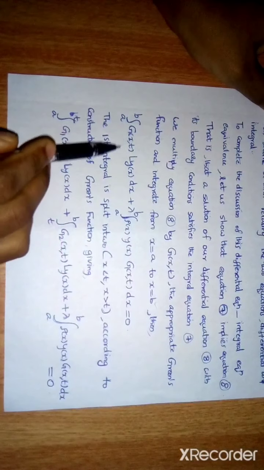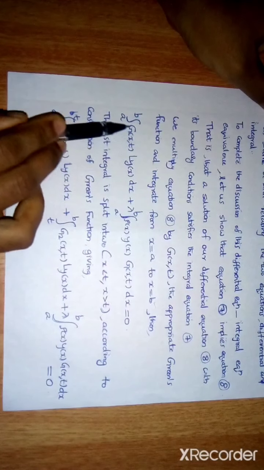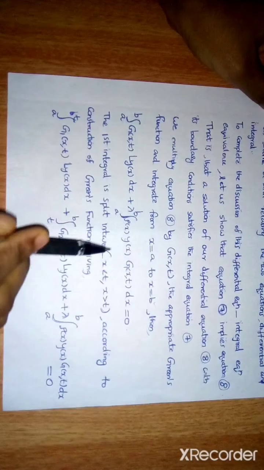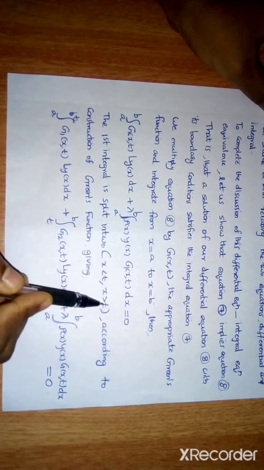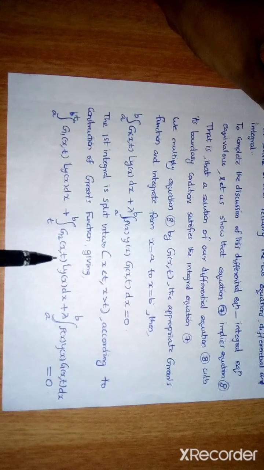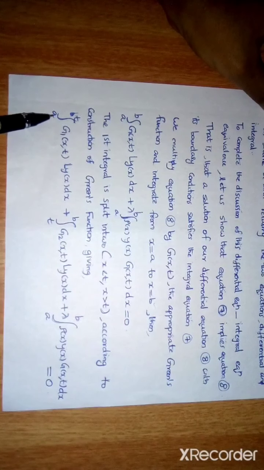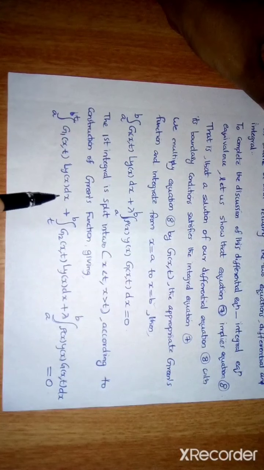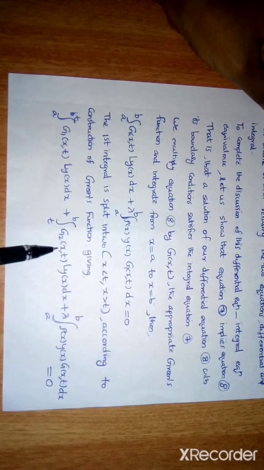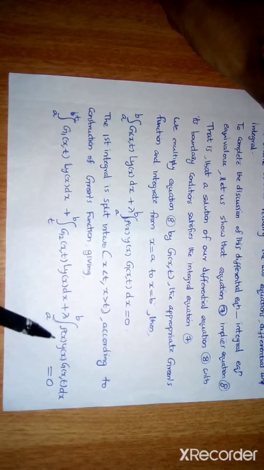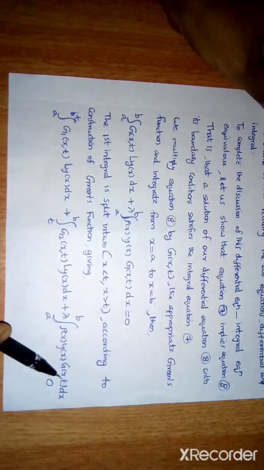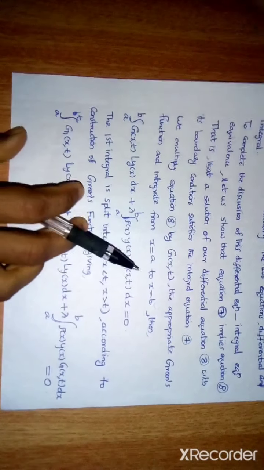Now we split the first integral into two: one is from a to t and the other is from t to b. So integral a to t g1 of xt Ly of x dx plus integral t to b g2 of xt Ly of x dx, plus the remaining term lambda into integral a to b rho of x y of x g of xt dx equal to 0.